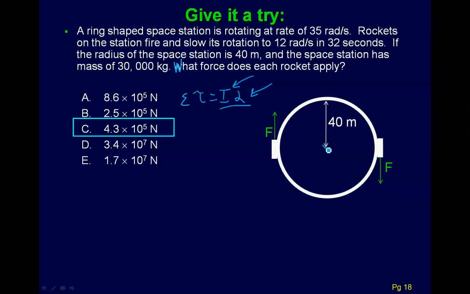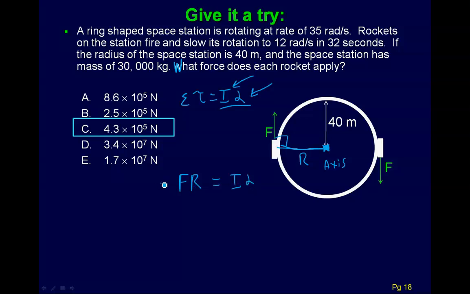So now with a problem like this, that's a dynamic problem, there's usually going to be an axis of rotation that you have to pick. And here it's going to be the center of the space station. And so if I look here, the moment arm for our force is just going to be the radius of our space station. So for the torque, okay, the torque is going to be the force of the rocket times r. That's going to equal I alpha.